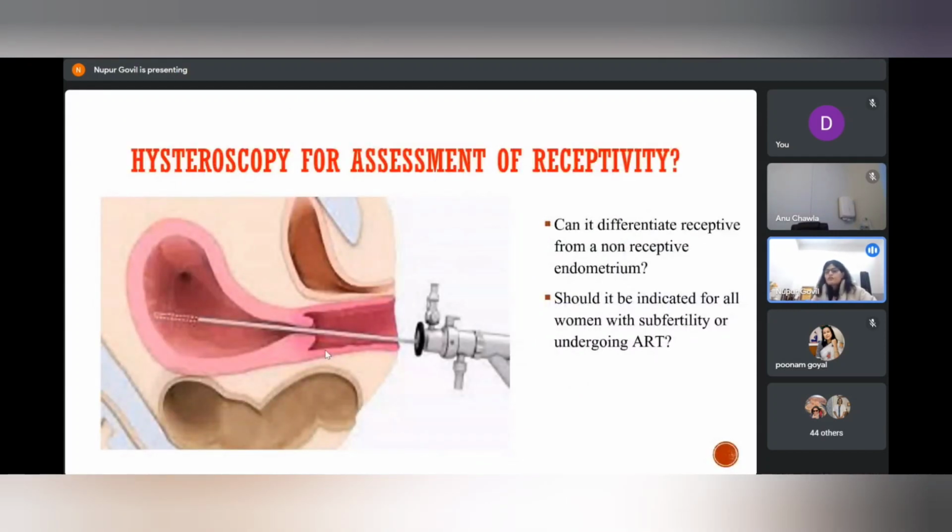So again, hysteroscopy is very commonly used by reproductive medicine specialists. Can it differentiate a receptive from a non-receptive endometrium? Should it be indicated for all women with subfertility undergoing ART?